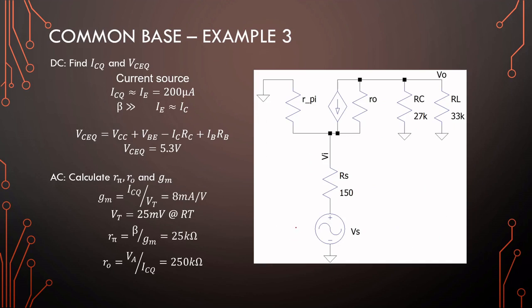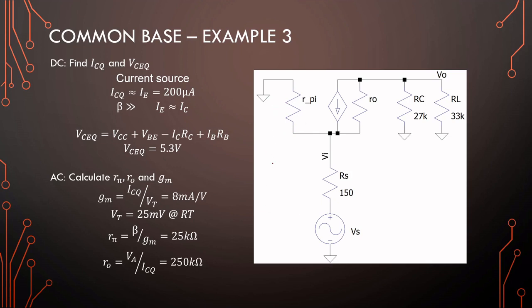Now there is no emitter resistor present in this problem, because the emitter resistor is, in inverted commas, the current source, which is a very high impedance. So our input impedance becomes purely the emitter resistance of the transistor, or R pi over beta plus 1.